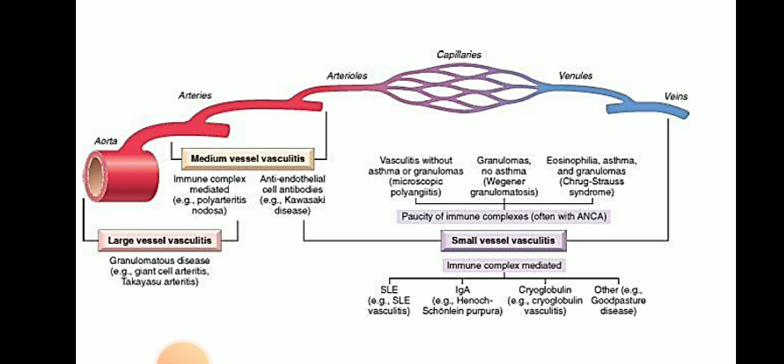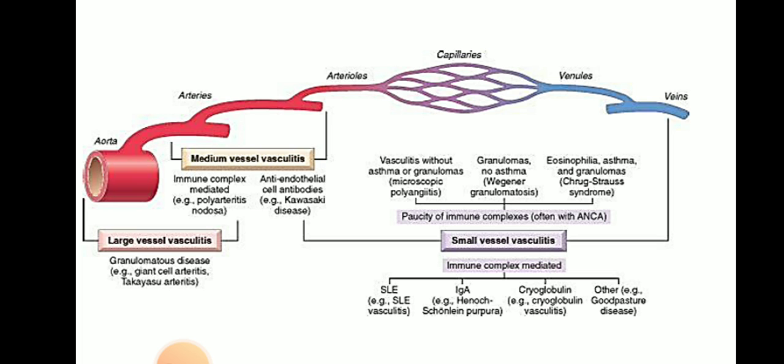This is the diagrammatic representation of various types of vasculitis. Examples of large vessel vasculitis are giant cell arteritis and Takayasu arteritis, which are granulomatous diseases. Medium vessel vasculitis are immune complex mediated polyarteritis nodosa and Kawasaki disease, which is mediated by anti-endothelial cell antibodies.